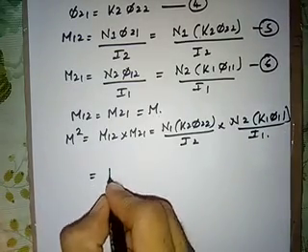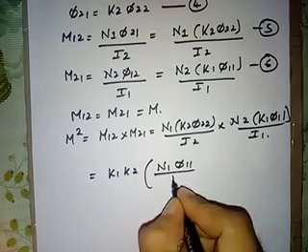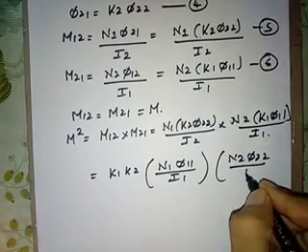So this will be equal to K1 K2 into N1 phi 11 by I1 into N2 phi 22 by I2.